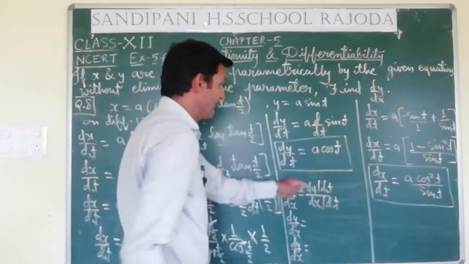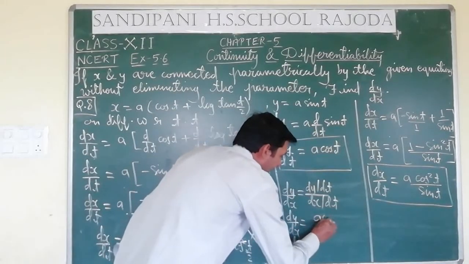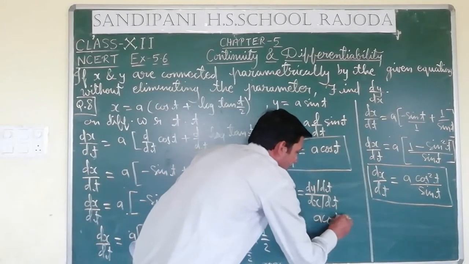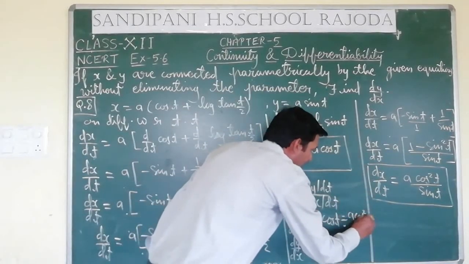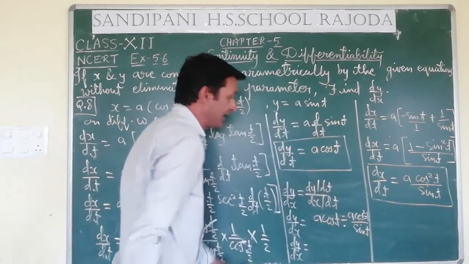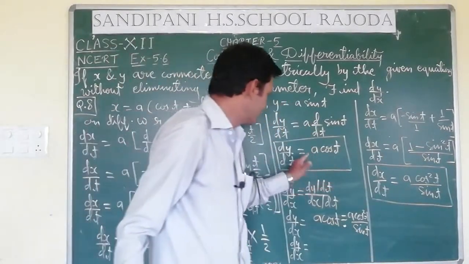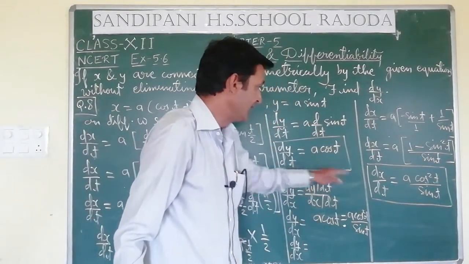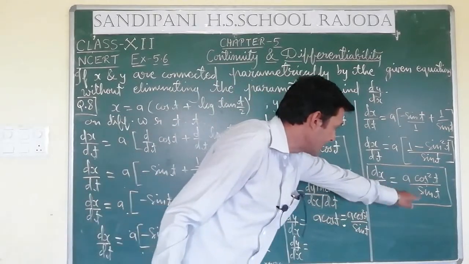See, dy by dt is first, so it is a cos t and it is divided by dx by dt, that is a cos square t upon sin t. Now if we change it to multiplication, see, the value of dy by dt is a cos t divided by dx by dt, meaning divided by a cos square t upon sin t.